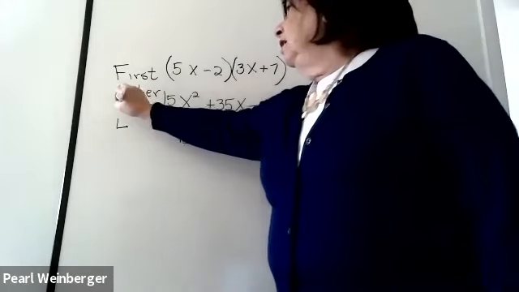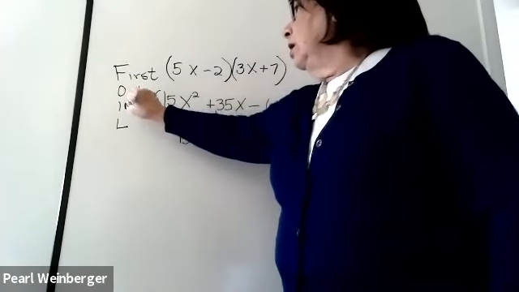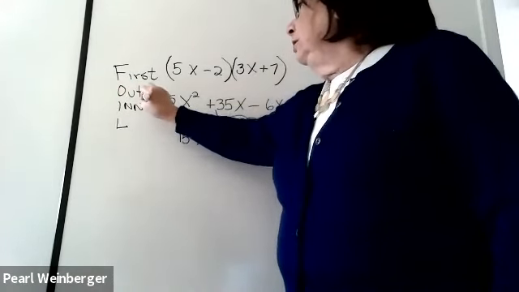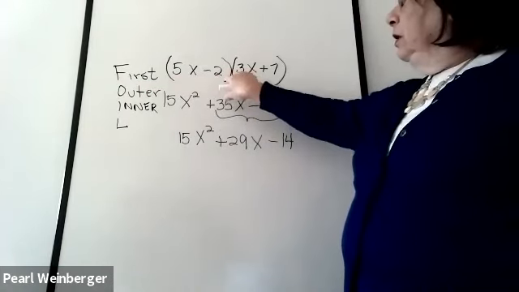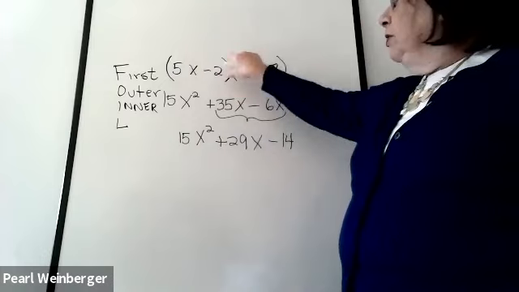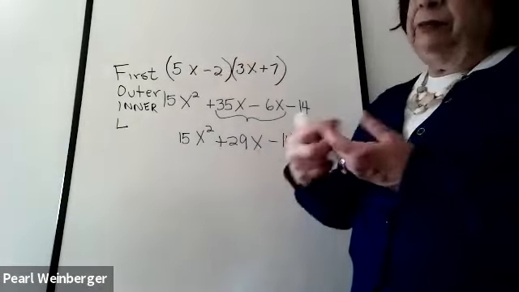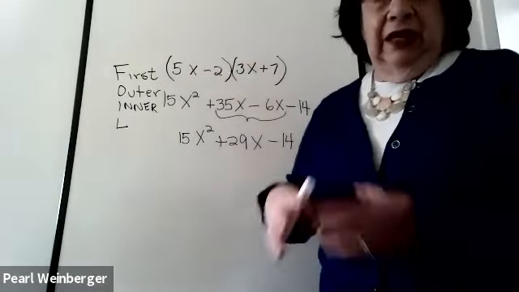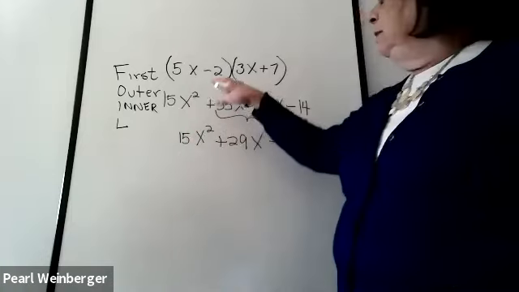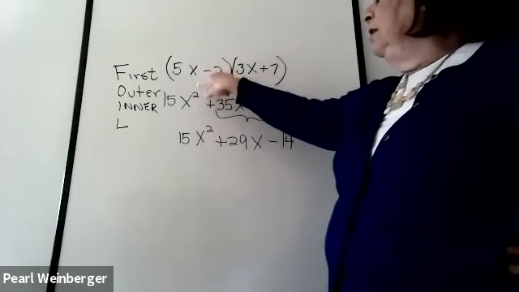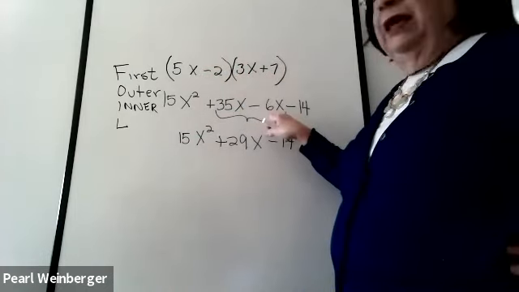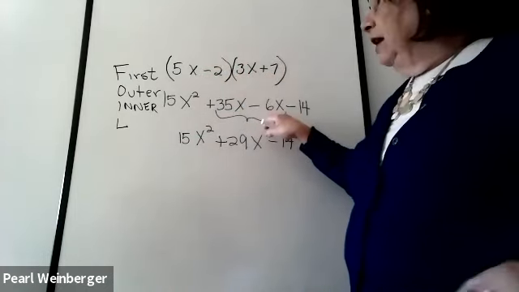The I stands for inner. The inner terms are the ones that are closest together, the ones that are separated only by the parentheses and not by any pluses or minuses. That's the -2 and the 3x. When we multiply the -2 and the 3x, we get -6x.